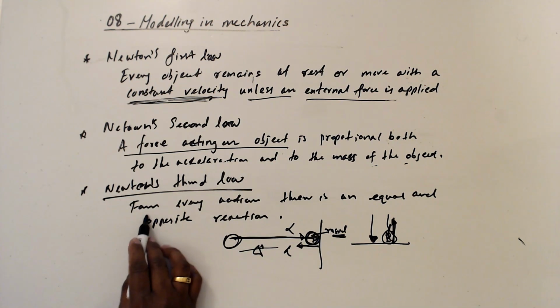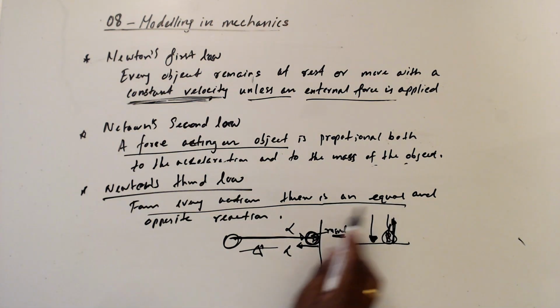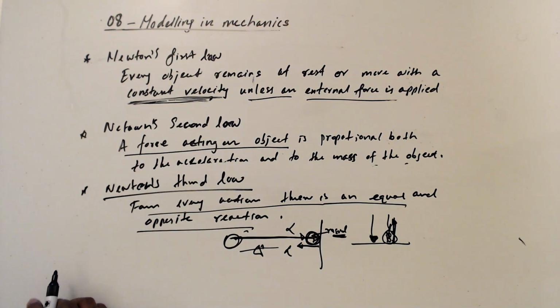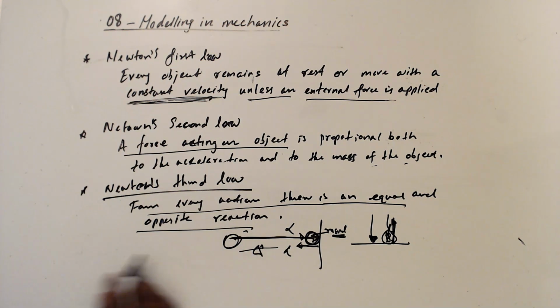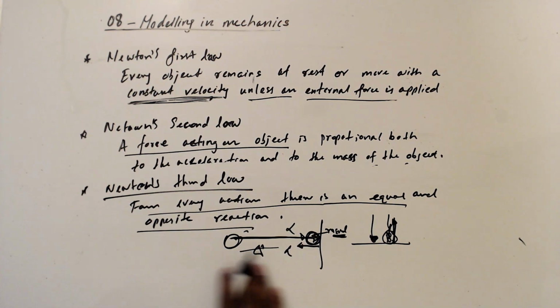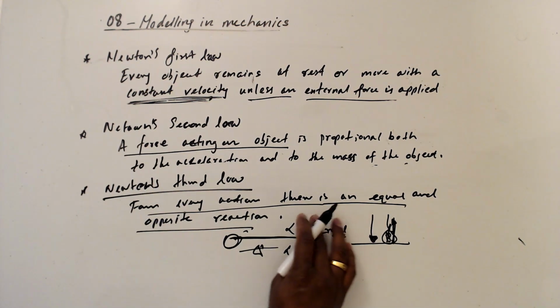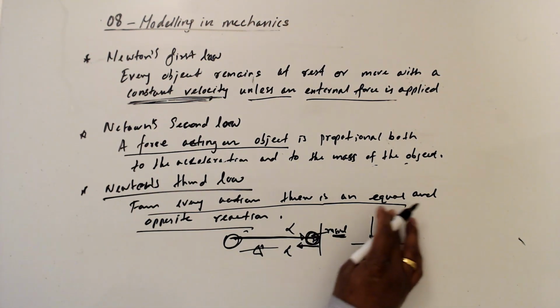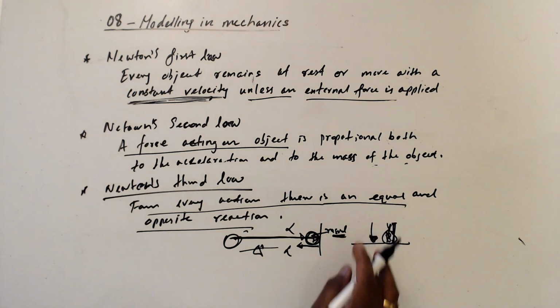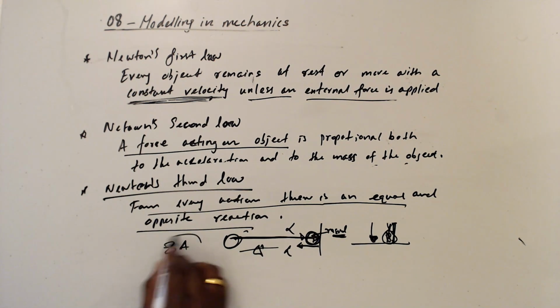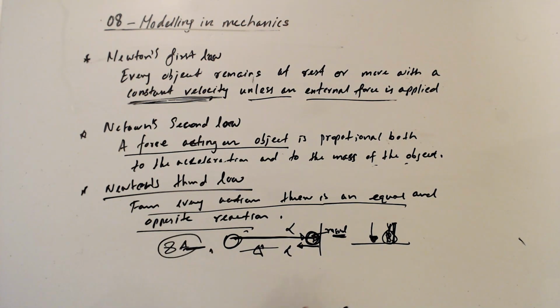So for every action there is an equal and opposite reaction. Sometimes you may not understand it exactly, but we will become more familiar with it in the future lessons. We'll discuss exercise 8A and then we'll discuss further.